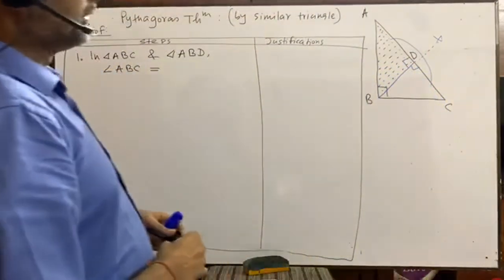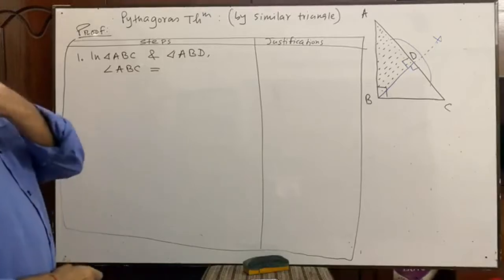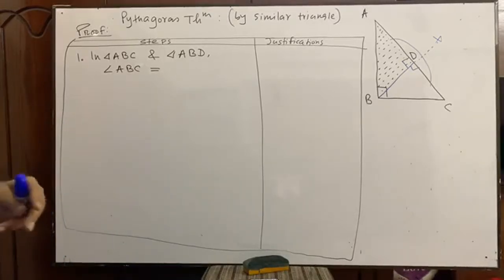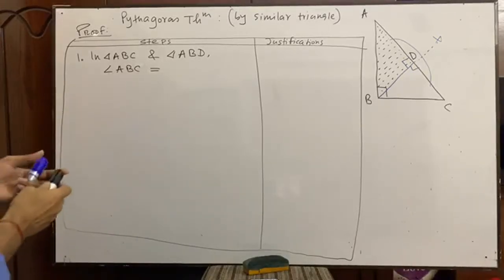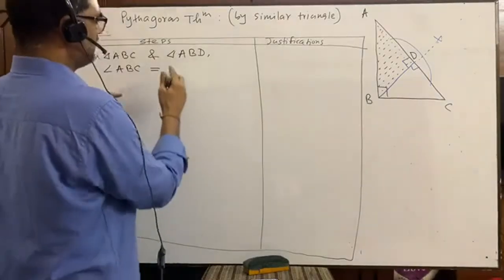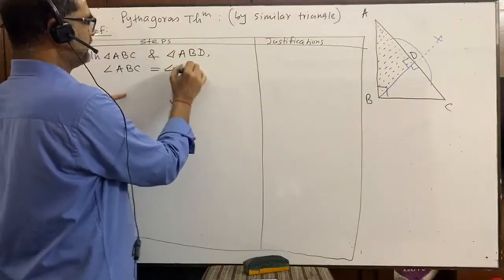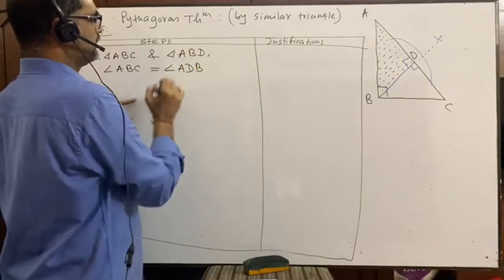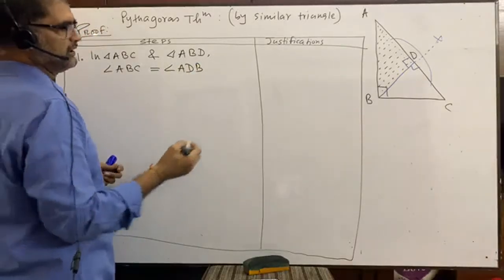The triangle ABD. In triangle ABD, angle ADB equals one right angle. What is the justification?